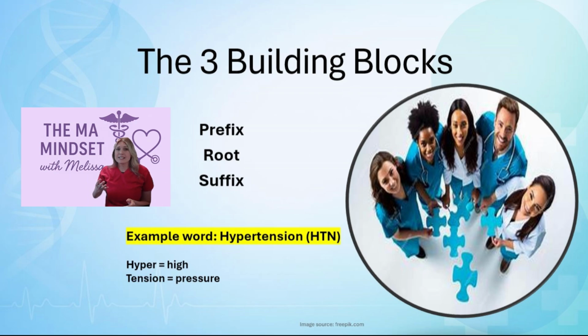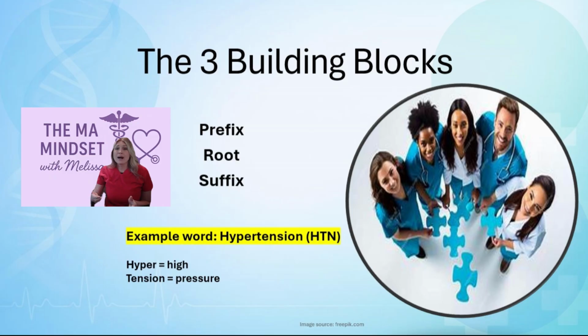Let's take a look at the example on the slide. The word is hypertension, which you will often see abbreviated as HTN in patient charts. If we break this word down, we see the prefix hyper, which means high. Then we see tension, which refers to pressure.